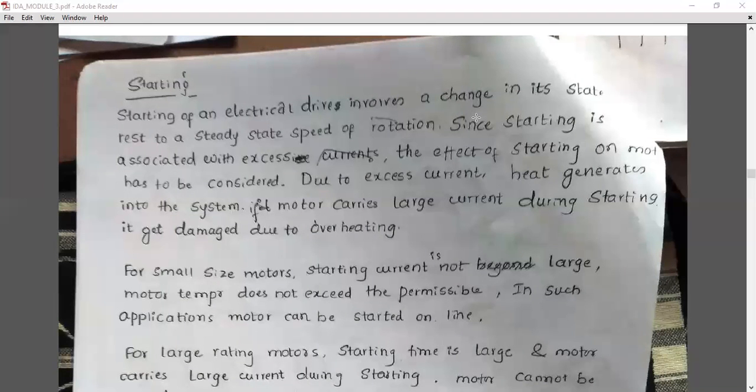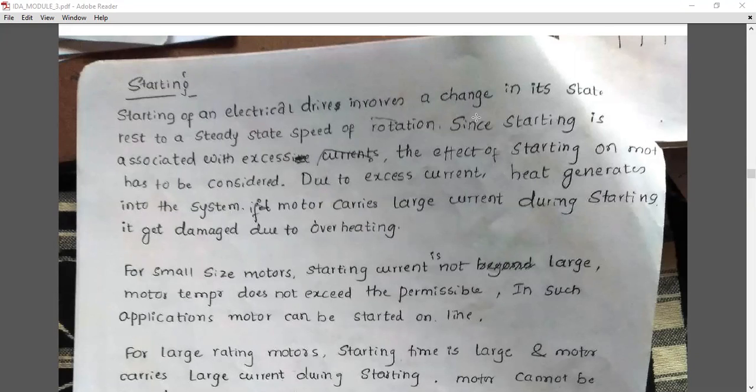Starting of electrical drives involves a change in its state, from rest to steady state speed of rotation. Whenever the motor starts, its state will change from zero speed to high speed, and the current will change from zero current to some high current.